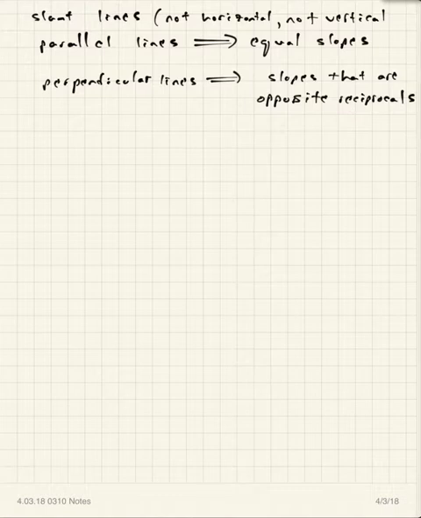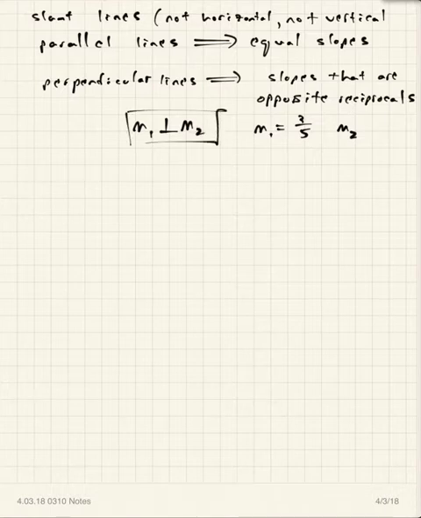So opposite reciprocals would go like this, that if you have the slope of line 1 to be 3/5, then the slope of line 2, if line 1 and line 2 are perpendicular, that's what this symbol means right here, that they're perpendicular. So if line 1, and I shouldn't use M there, let me erase that.